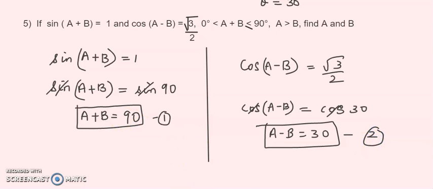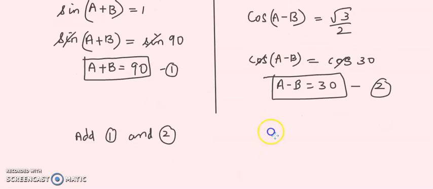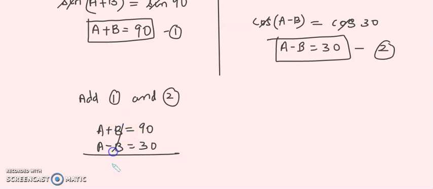Right? Now add the 2 equations, 1 and 2. So you will get which value? A. So add 1 and 2. Let's do that. So A plus B and A minus B. A plus B is 90. A minus B is 30. So when we add, we get 2A equals, because we add, 90 plus 30 is 120, right?